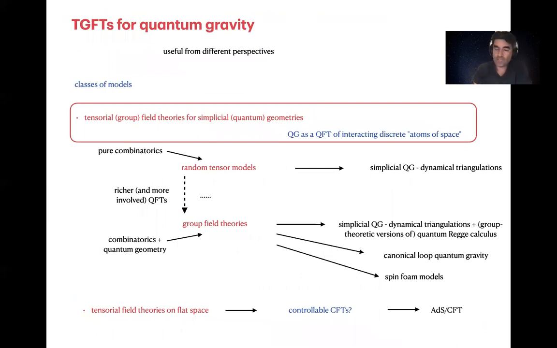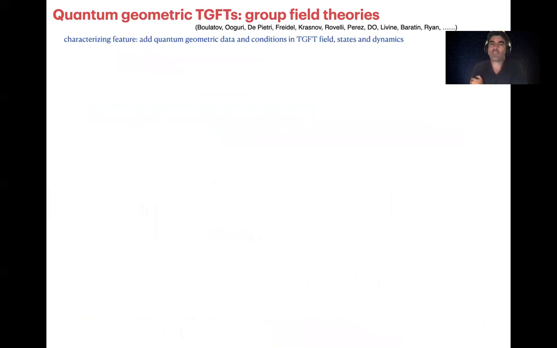We stay within this class of models, but we move to the full quantum geometric tensorial group field theories, usually called simply group field theories, which were introduced very early, in the early 90s as well, then mostly developed in the context of spin-foam models and loop quantum gravity. But of course, they benefit a lot from being understood properly as tensorial field theories.